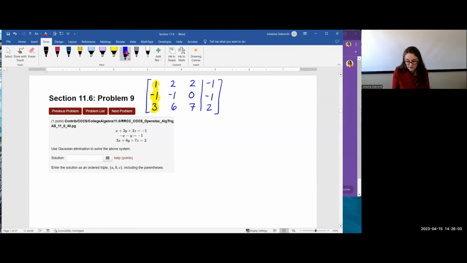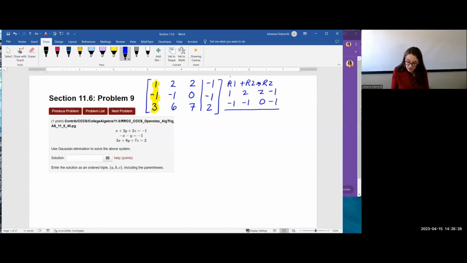So I like having the +1 in row 1, so I don't want to mess that up. But what I can do is take row 1, add it to row 2, and put it back into row 2. Now, if I do that, I have 1, 2, 2, -1, and row 2 is -1, -1, 0, -1.